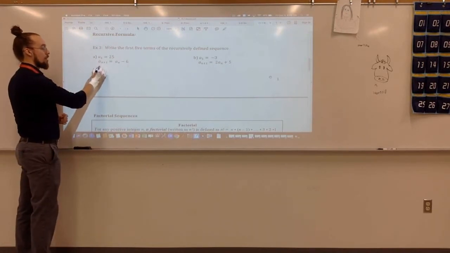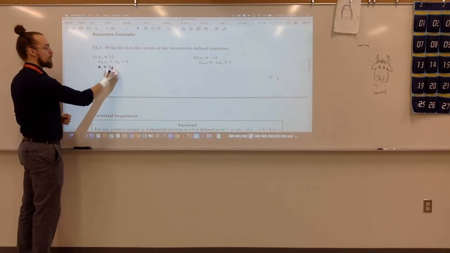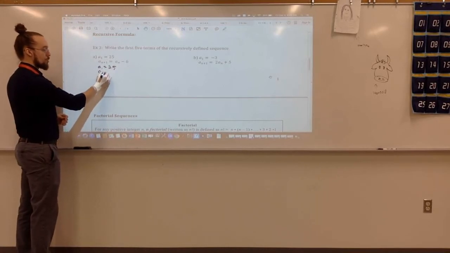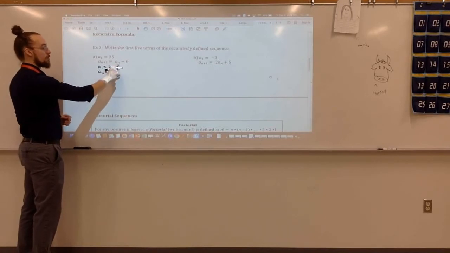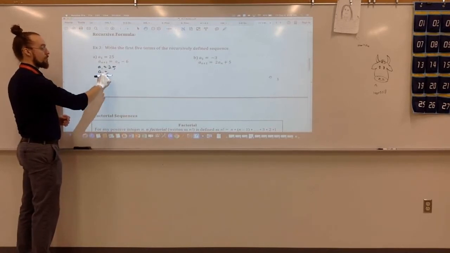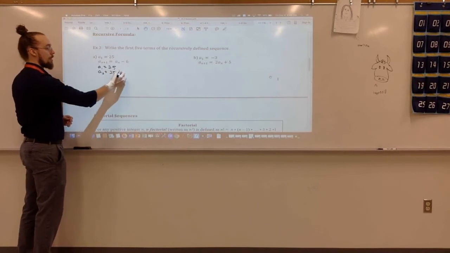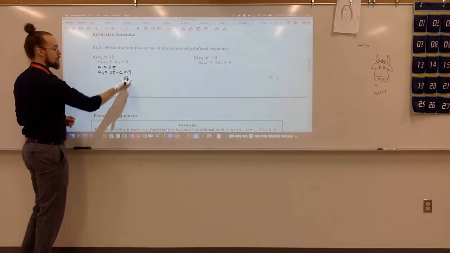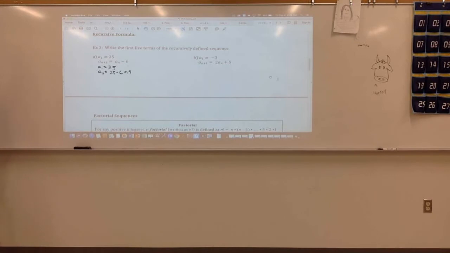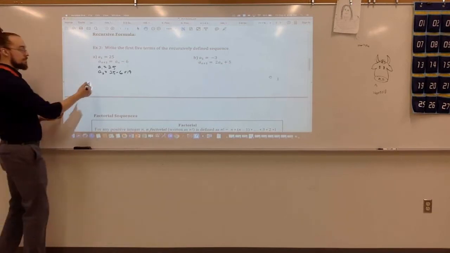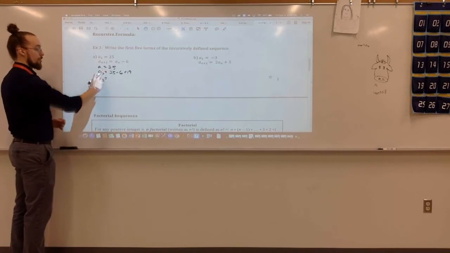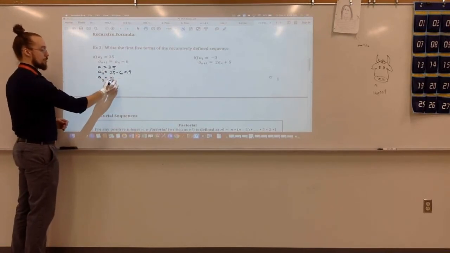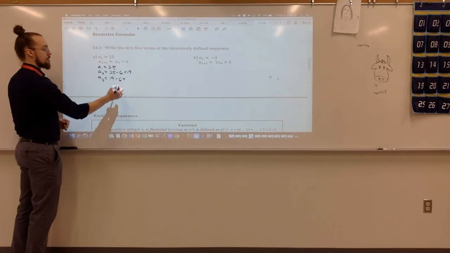So a sub 1 is 25, then a sub 2, my next term, is going to be my previous term minus 6. So a sub 2 is going to be 19. A sub 3 is going to be the previous term, 19, minus 6.